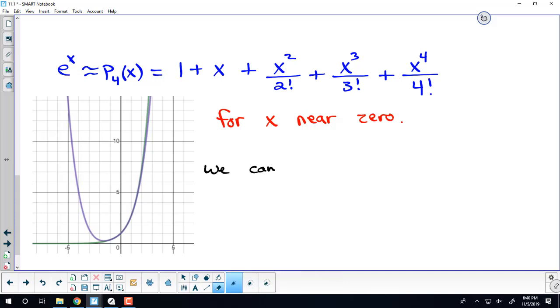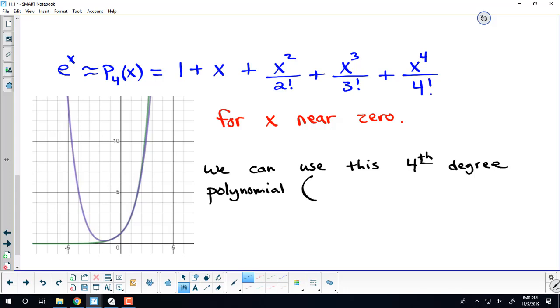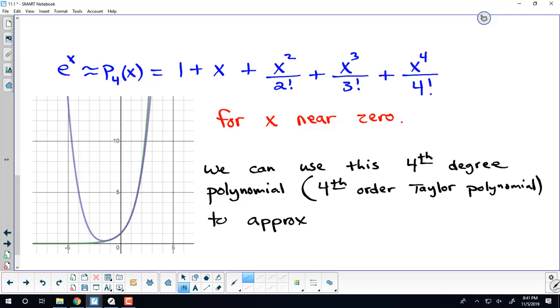We can use this fourth degree polynomial, which is the fourth order Taylor polynomial, to approximate e to the x for x near, or for inputs near, 0.